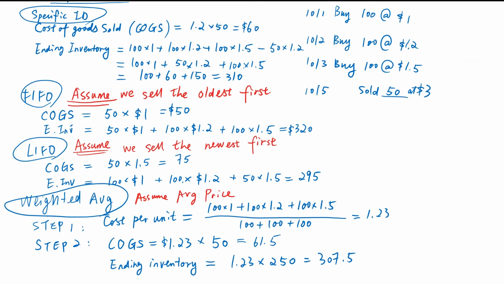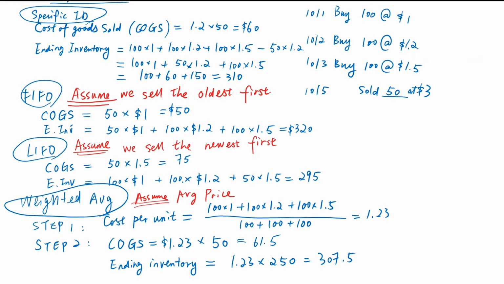Now, again, in reality, people could grab any apple they want. It could be any price apple they happen to pick. So these are really just accounting assumptions. And usually, if a company picks a method, for example FIFO, they need to stick to FIFO year after year, unless they have a really good reason to change it.